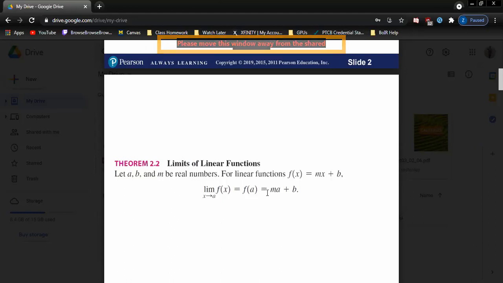So 1 then? Exactly. If you just plug in 0 in place of x, it means 2 times 0 plus 1, so it gives you 1. So the limiting value of the function 2x plus 1 when x approaches 0 is 1.